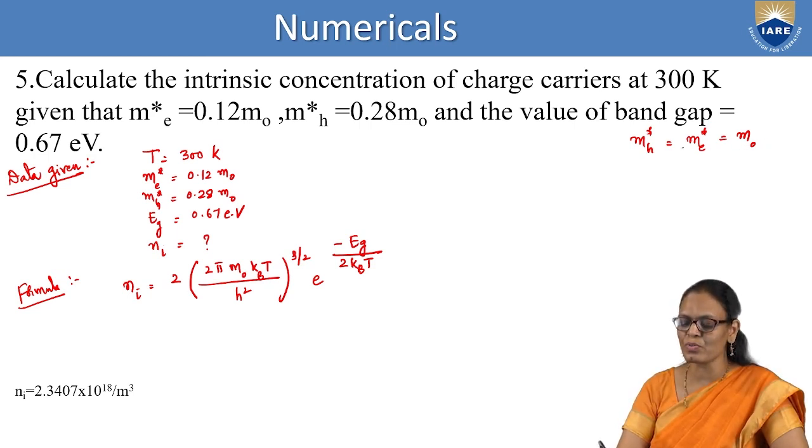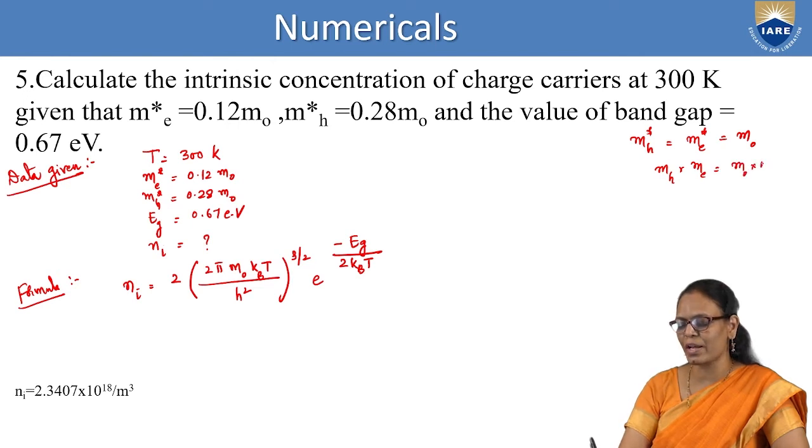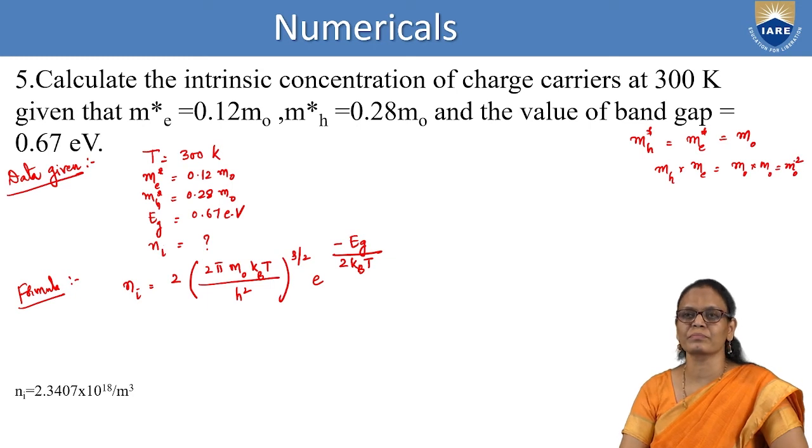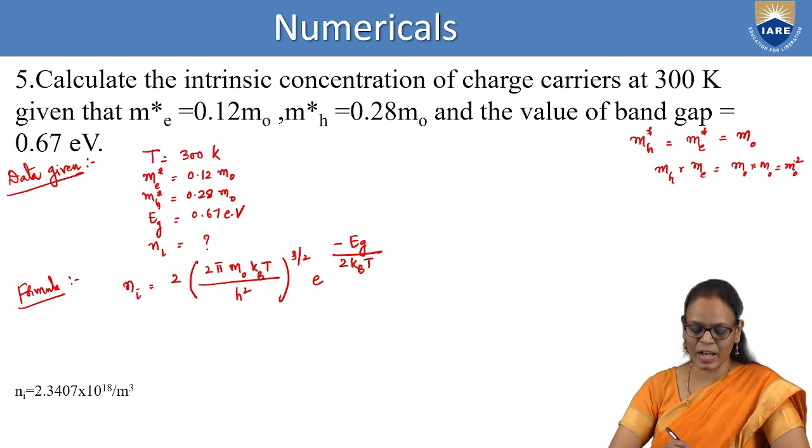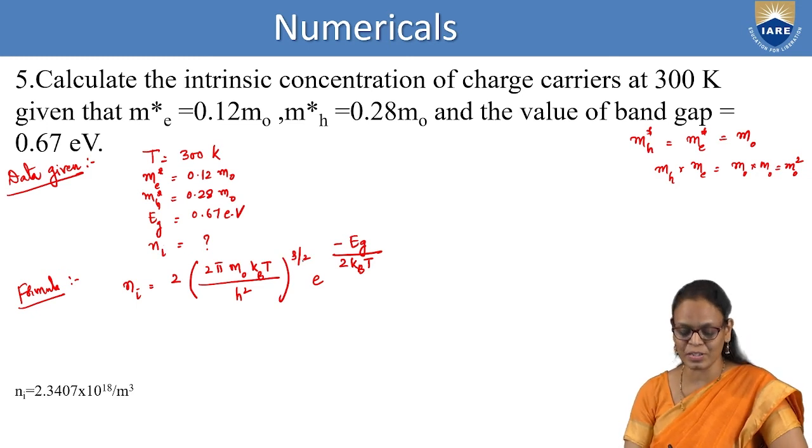So whenever we do MH into Me is equal to M naught, if I have to write MH into Me, that will be M naught into M naught, that will be equal to M naught square. So when we are having here M naught square and we have power 3 by 2. So how did we get power 3 by 2?